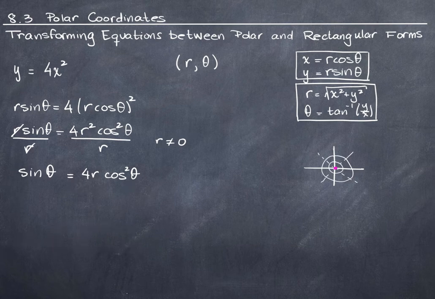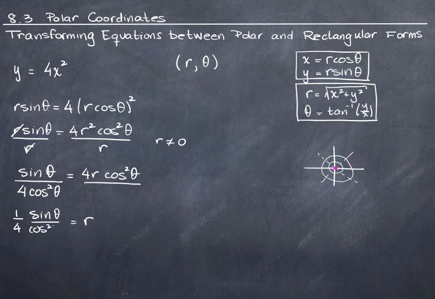That means isolating r, getting it by itself. So I'm going to divide both sides by the 4 to get rid of that, and by the cosine squared to get rid of that. And by get rid of, I mean get rid of it on the right-hand side, isolating the r, and rewriting the left-hand side. I'm just going to get 1/4 sine of theta over cosine squared of theta.